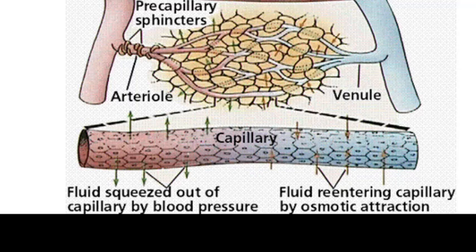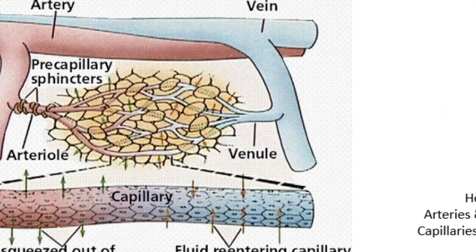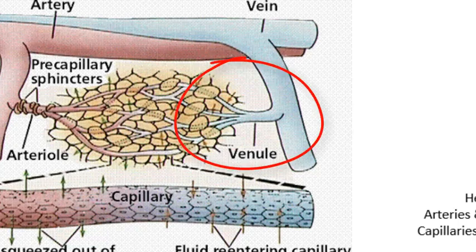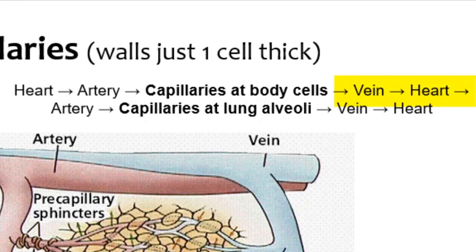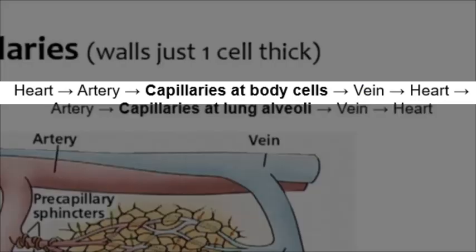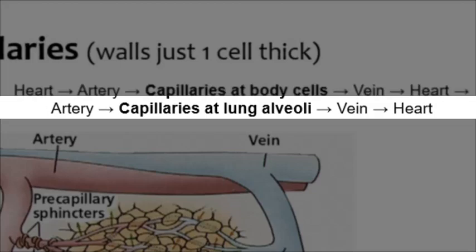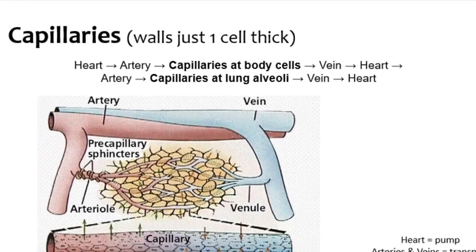After the blood has traveled around the destination, it continues on, combining into larger and larger vessels, reaching the veins that travel back to the heart. There are two circuits, one from the heart to the body cells and one from the heart to the alveoli of the lungs.